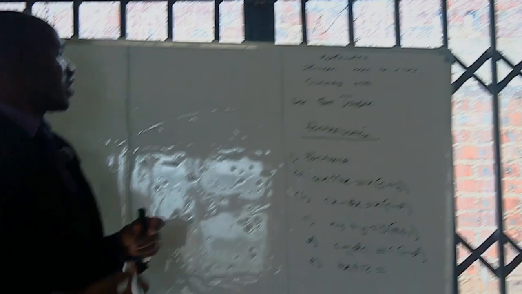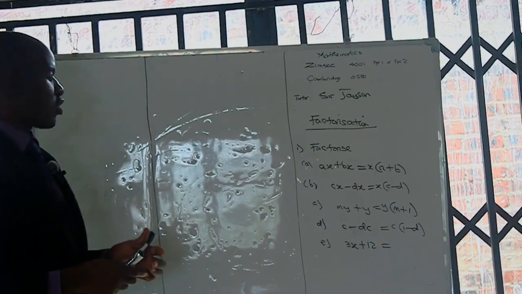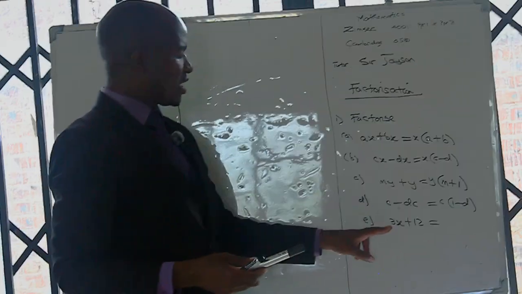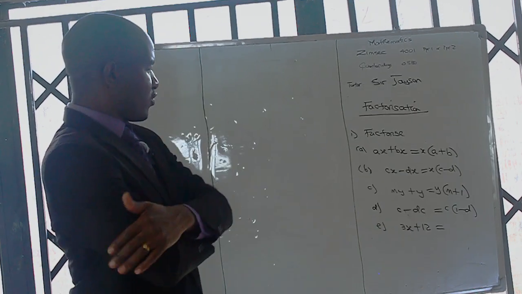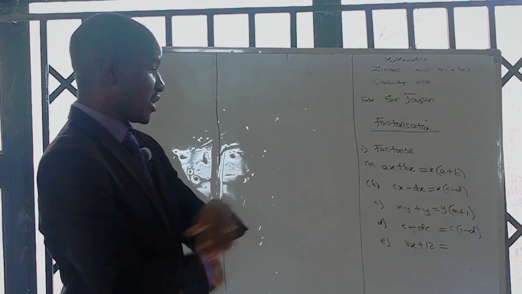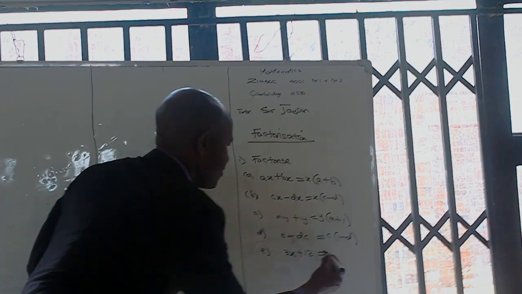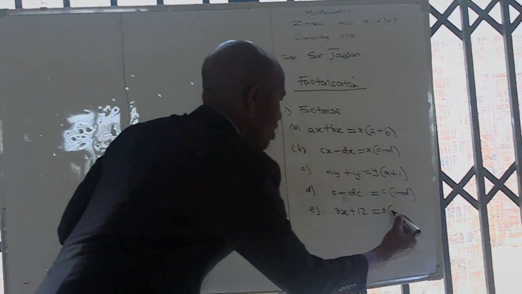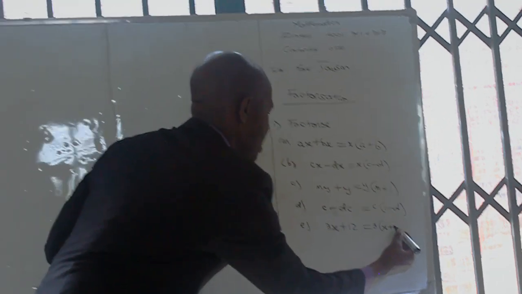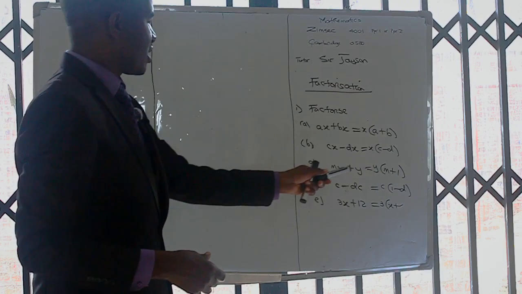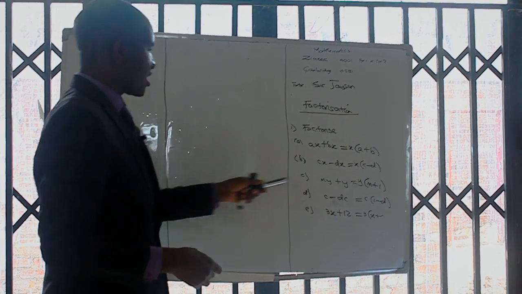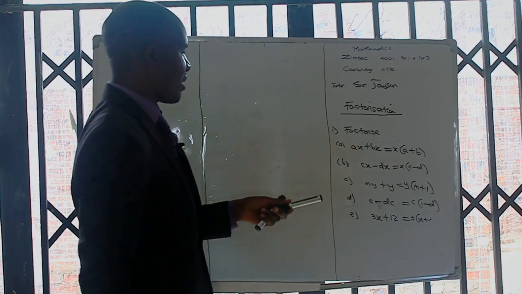3x plus 12. Now, 3 goes into 12. So 3 is a factor of 12, and we can factor out 3. We have x plus. Remember, we said the number that is factored out divides where it is coming from.